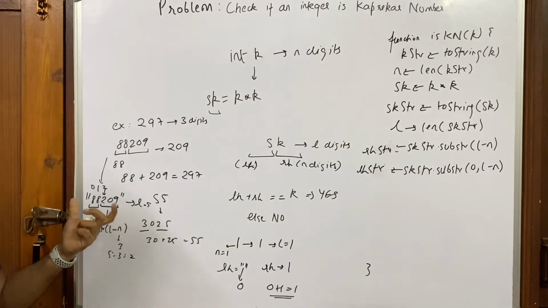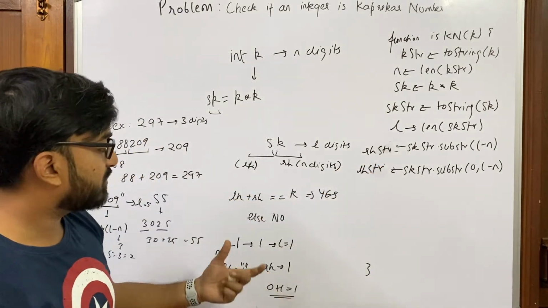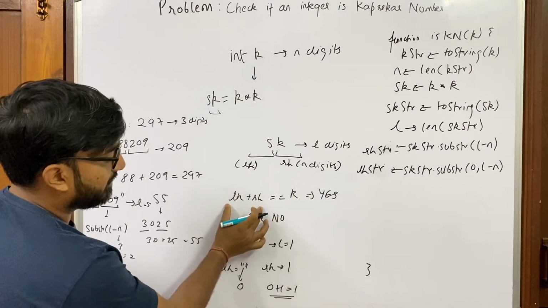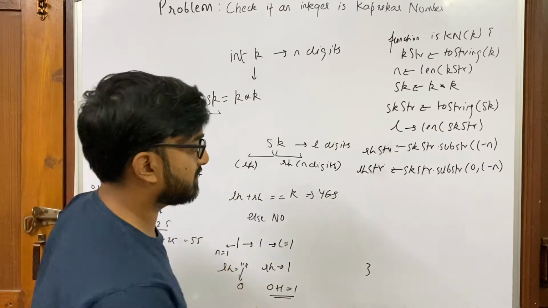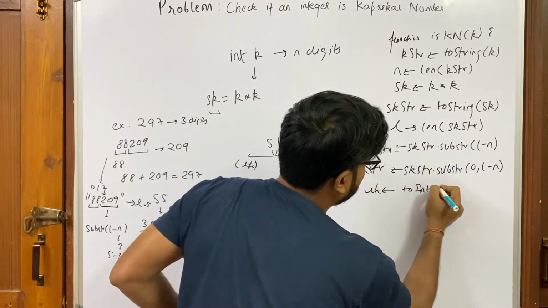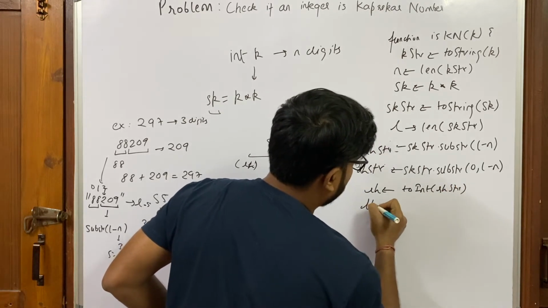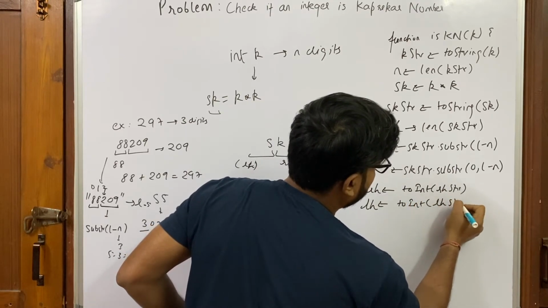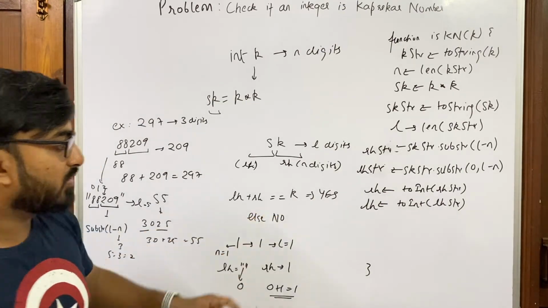You are extracting the substring from a string. Then you convert them into integers, add them to check if they are equal to k. Because after extracting the halves, we add them and we compare it to k. These are currently strings, so we have to convert them into integers. So I say right half is toInteger of right half string and left half is toInteger of left half string. So right half and left half are now integers. You have to just check if they are equal to k.